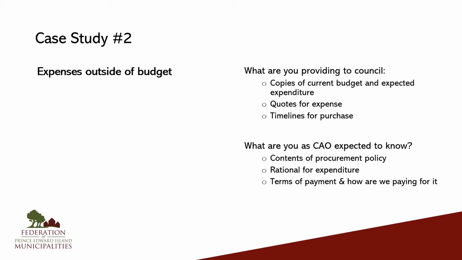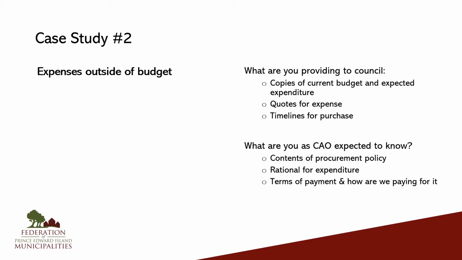So depending on the amount that the expense is, you may have a policy in place around obtaining multiple quotes. You likely do have or should have a purchasing and procurement policy that sets these guidelines and criteria. And you'll also be providing some information around timelines and plans for the purchase.